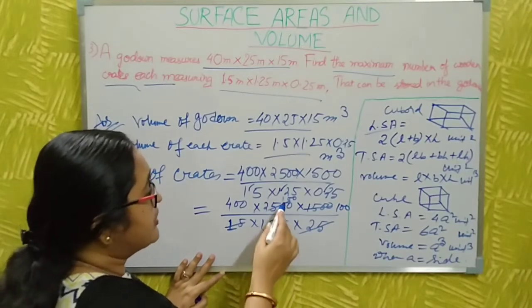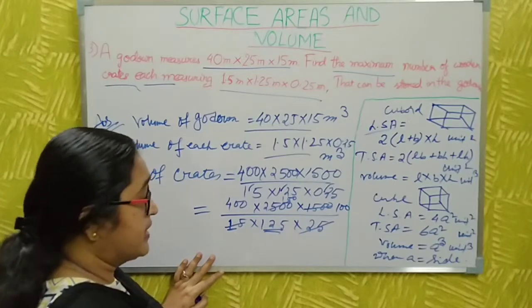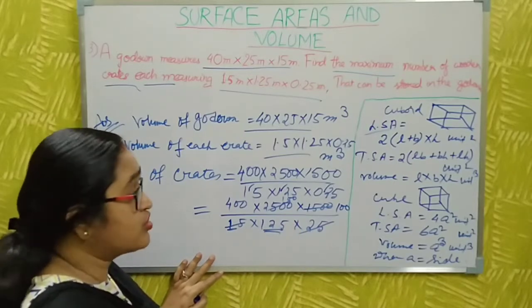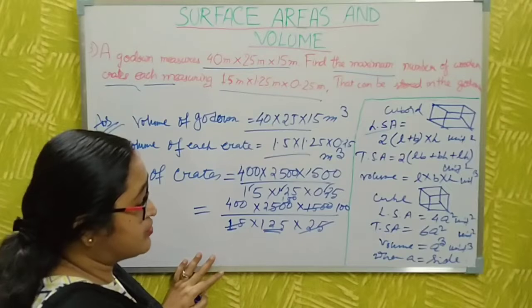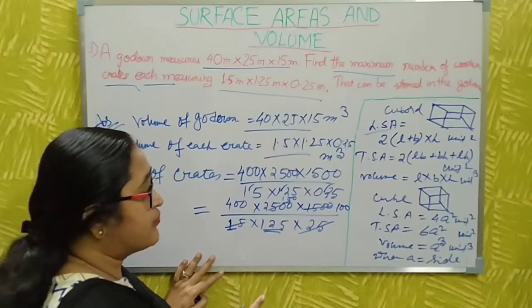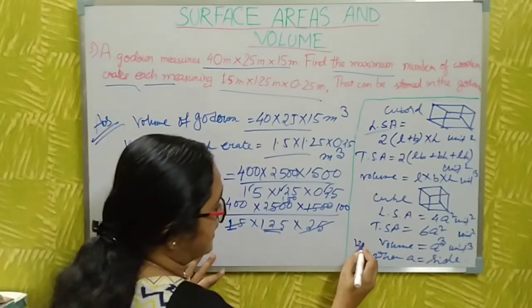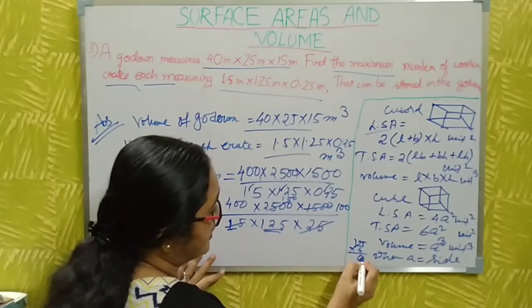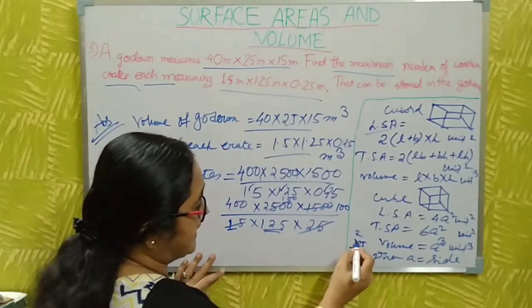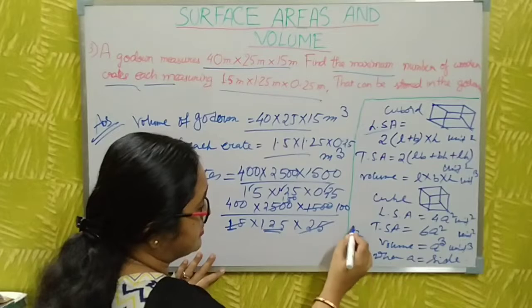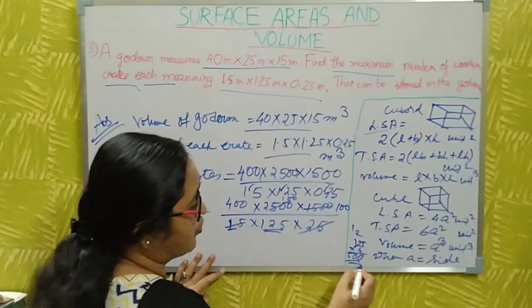Then 125 and 1000. 125 into 4, most probably it will be 1000. Let me do 125 into 4 here: 4 5s are 20... no, not 4.